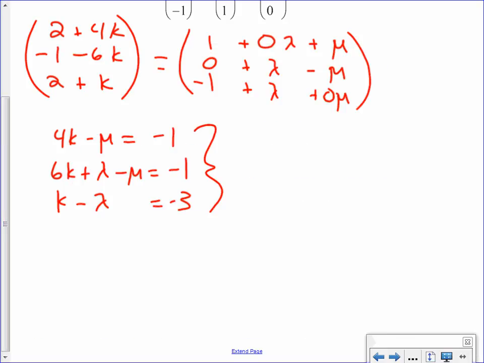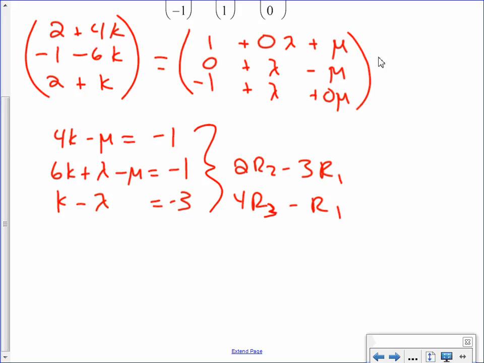Using the method of triangulation, for the second row we go 2 row 2 minus 3 row 1. And then for the third one we could just go 4 row 3 minus row 1.